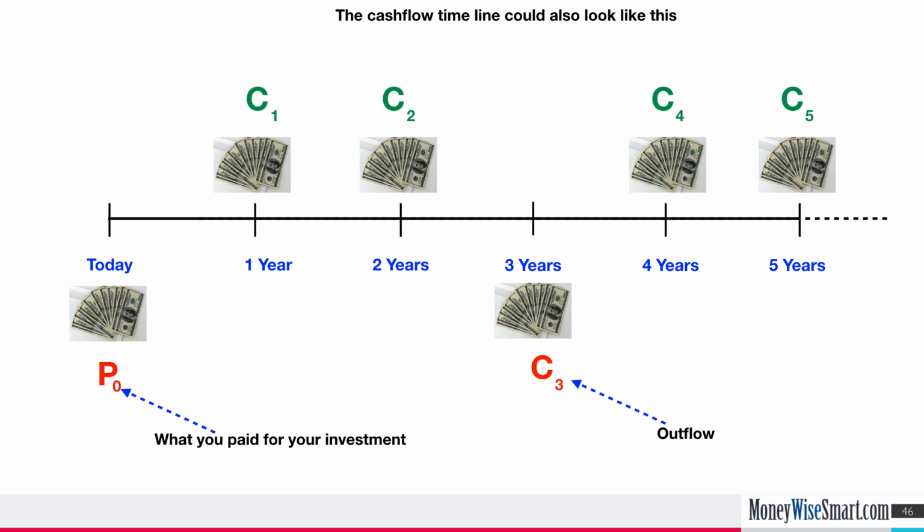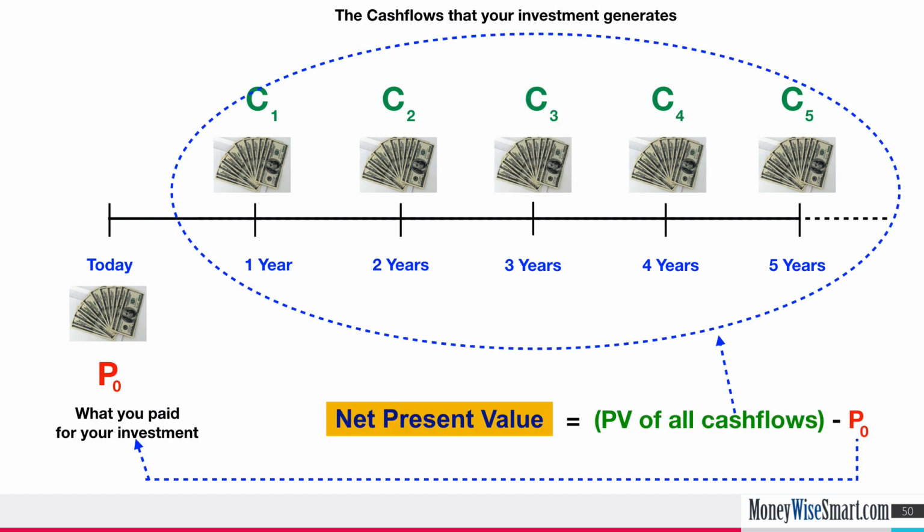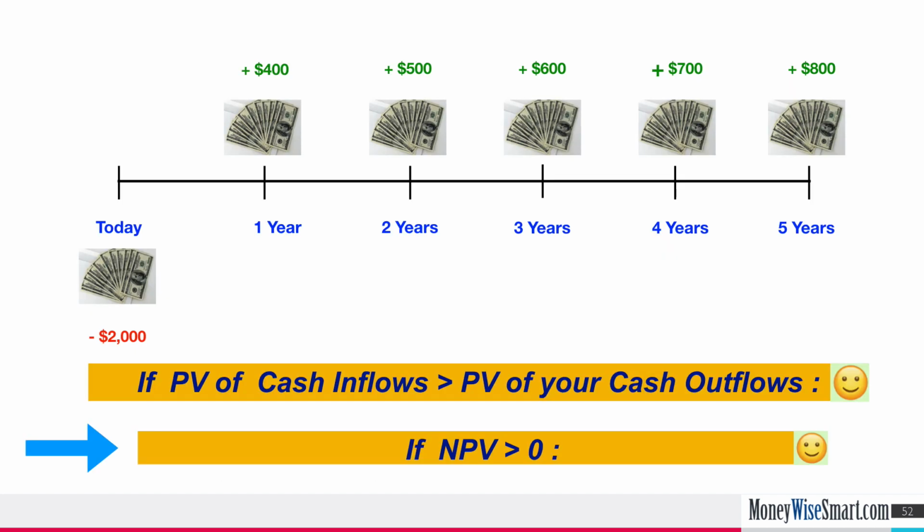There could be further cash outflows in future, or it can even look like this where the cash inflows might not be equidistant from each other. But at the end of the day, the net present value of this investment is nothing but the present value of all the cash inflows minus the initial investment that we have made. And if that net present value is greater than zero, then it's a good investment. Whereas if the net present value is less than zero, then it's not a good investment.